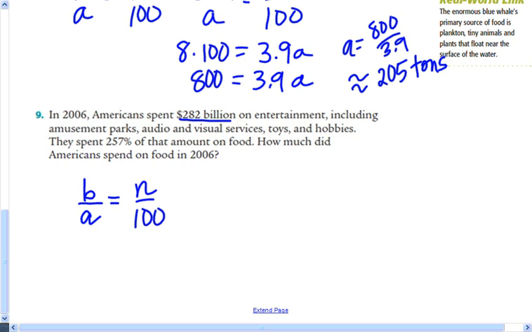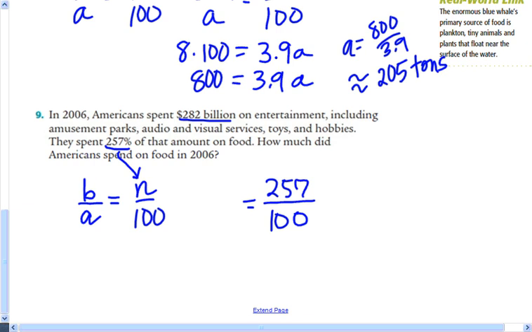So we have 257%, that goes where the N is. So that's out of 100. And then we have the number 282 billion on entertainment, including amusement parks, audiovisual, all that. And then it says they spent 257% of that amount on food.